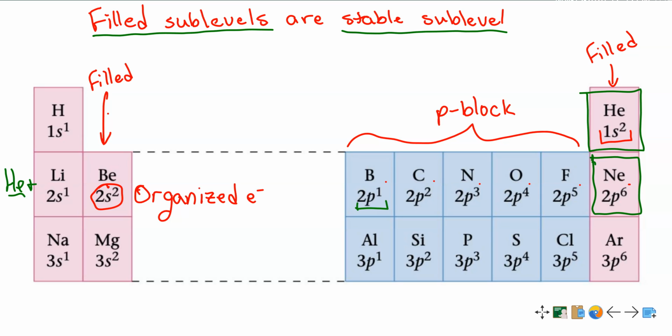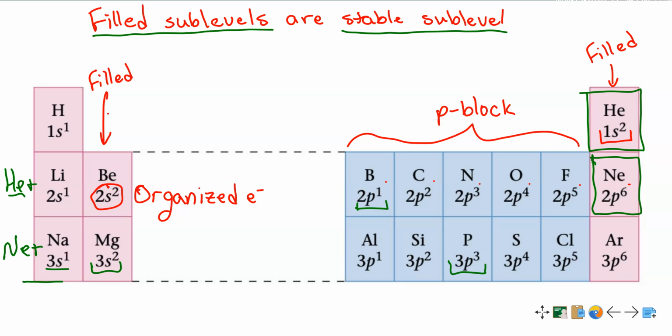So we can use them as fillers, where this turns into neon plus 3s1, or neon plus 3s2 for magnesium, or neon plus 3s2 3p3. This will make more sense in a little bit, but essentially the configuration for everything after a noble gas is identical up to the noble gas.